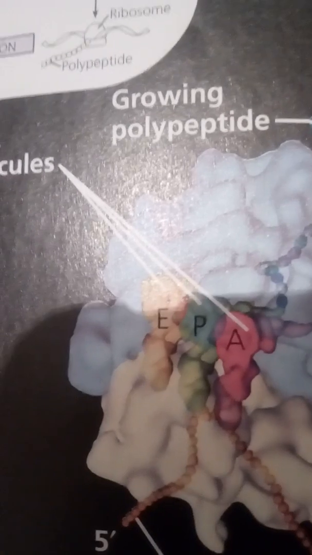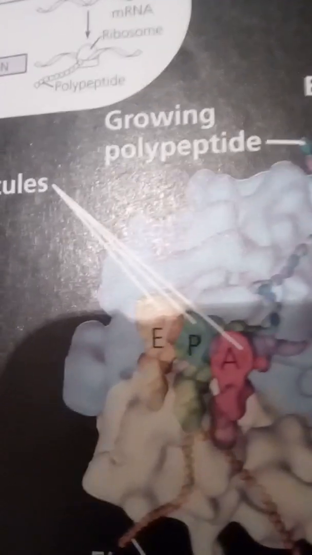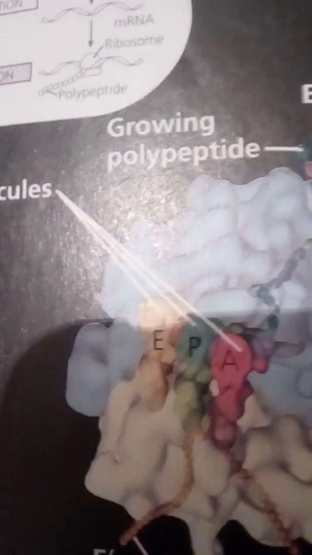The resulting ribosomal subunits are then exported via nuclear pores to the cytoplasm in both prokaryotes and eukaryotes. Large and small subunits join to form a functional ribosome only when they attach to an mRNA molecule.